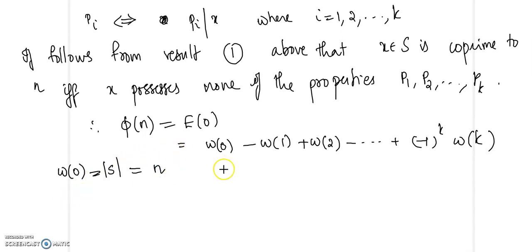Now let us find omega of t where 1 less than or equal to t less than or equal to k. So we'll find the general value of omega of t, which will give all the values omega 1, omega 2 up to omega k.